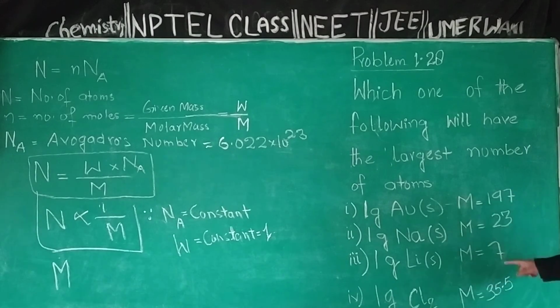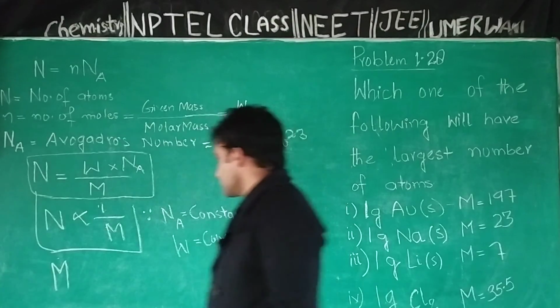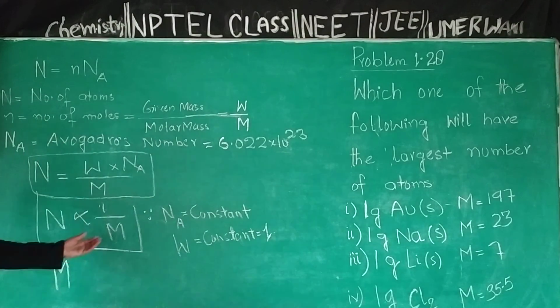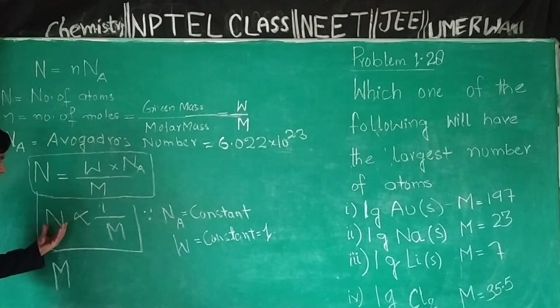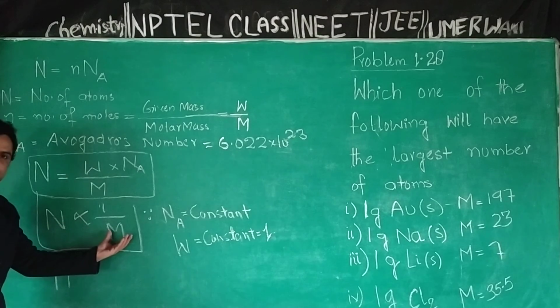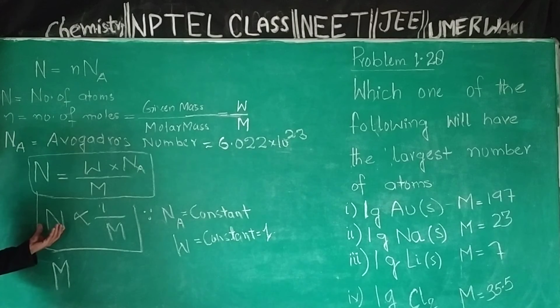Now see here, look here, least molar mass is of lithium. Least molar mass is of lithium and dependence of number of atoms on molar mass is inverse. One with least molar mass will contain largest number of atoms.